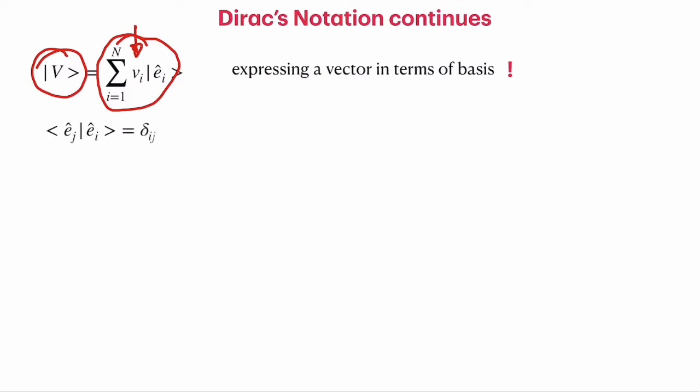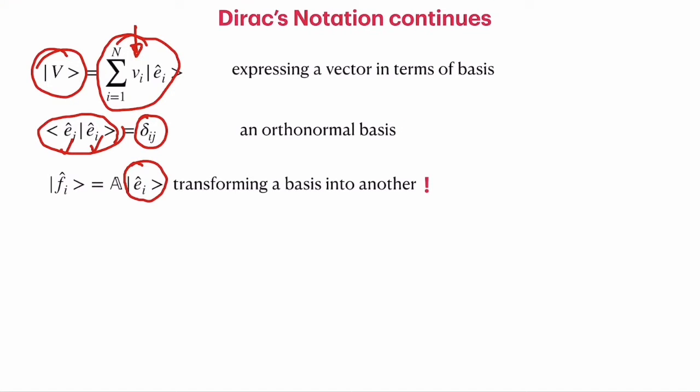So it's very similar to this. The dot product between the basis vector and the dual basis is equal to delta ij, which means they are orthonormal to each other.